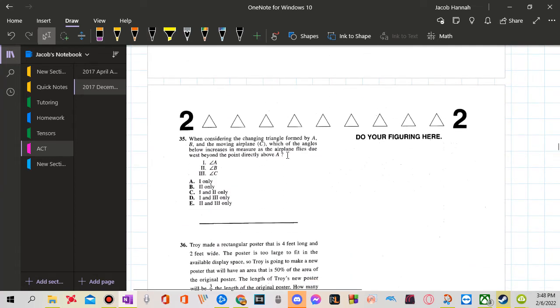When considering the changing triangle formed by A and B and the moving airplane C, which of the angles below increases in measure as the airplane flies due west beyond the point directly above A? Oh, okay. Let's see.